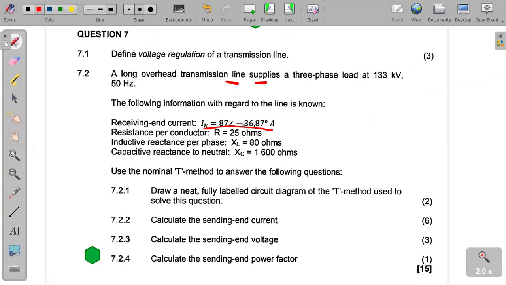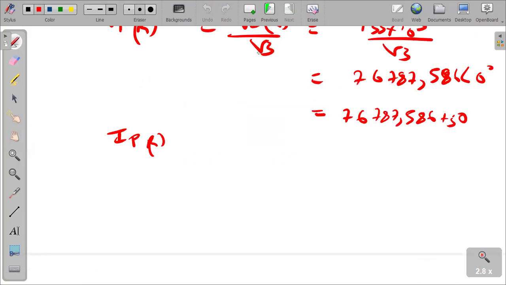Oftentimes they won't give you this; they give you the power. They say, given that the power is such and such, you can use that power to calculate IPR, which is also equal to ILR, making an assumption that our transmission line is in star connection, because it's the most common connection that is made.